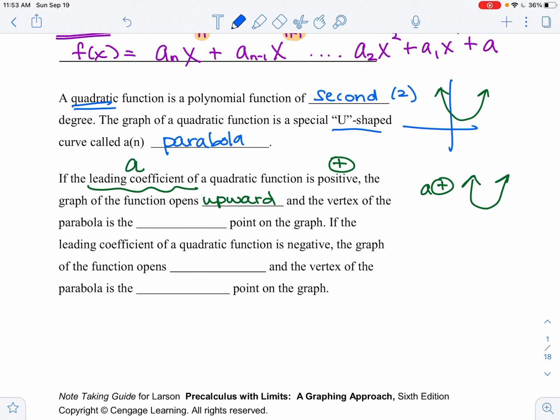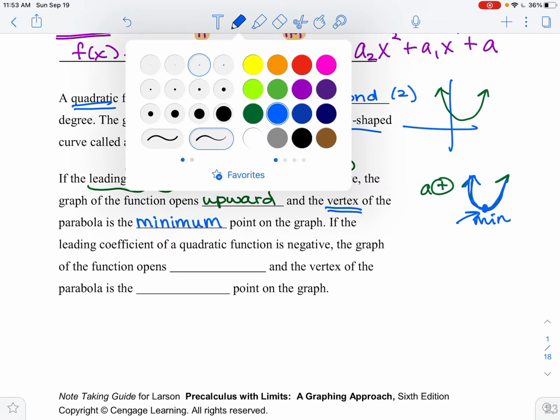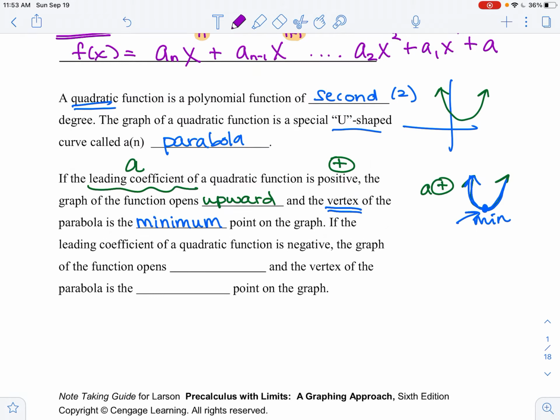And the vertex of the parabola is the minimum. The reason is because if this is the vertex and it's going upward, the vertex is at the lowest point. So we know that the vertex is also called a minimum. So what if the leading coefficient, which is still a, is negative?